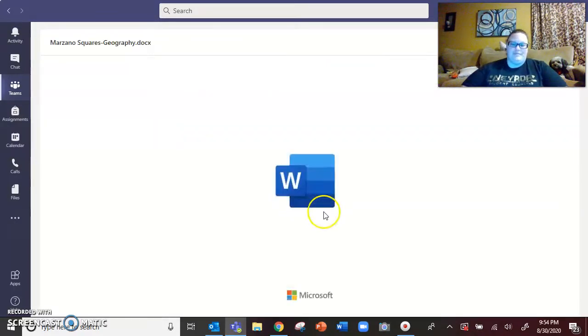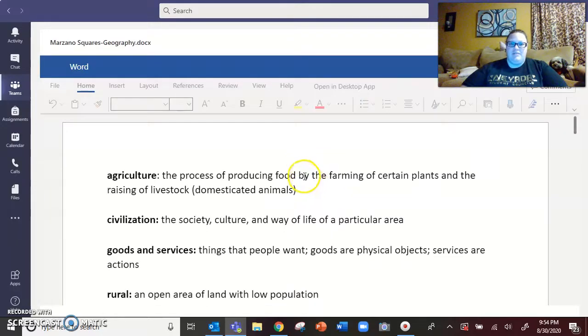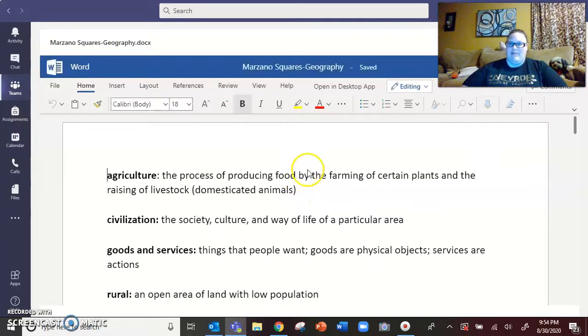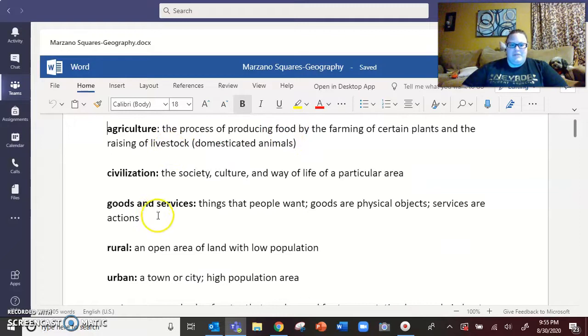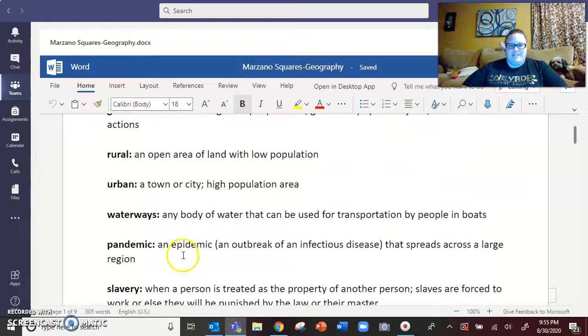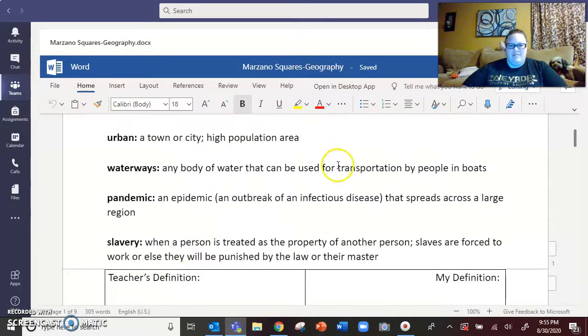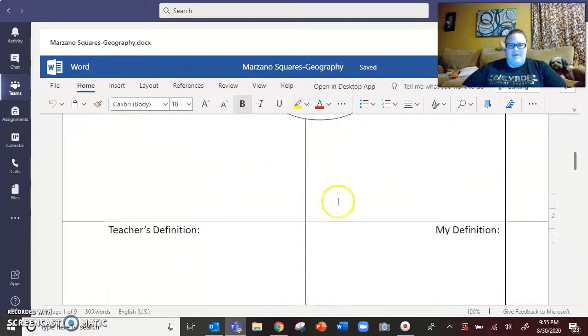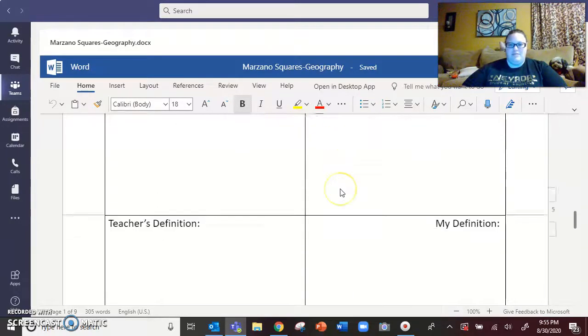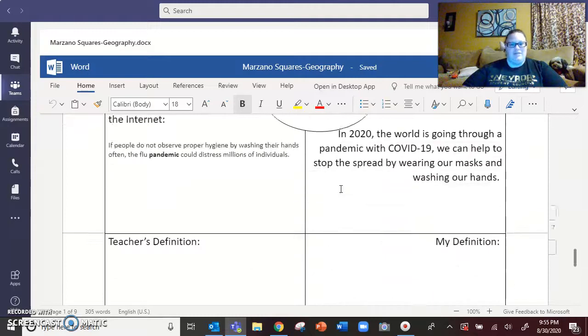It'll open in the cloud app. And then you'll find 1, 2, 3, 4, 5, 6, 7, 8 vocabulary terms, and then 8 Marzano squares.